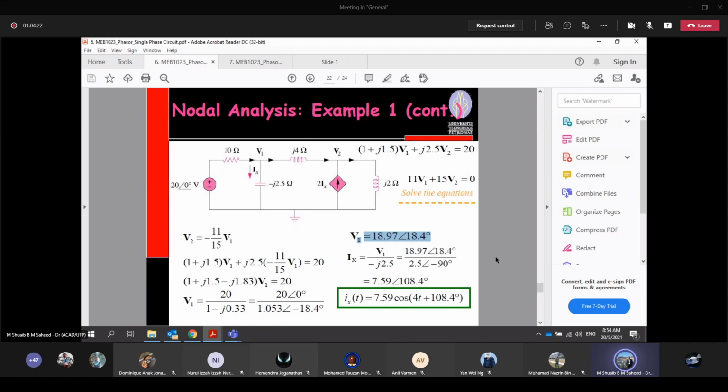Okay guys, please try to do this on your own. This value should be correct.